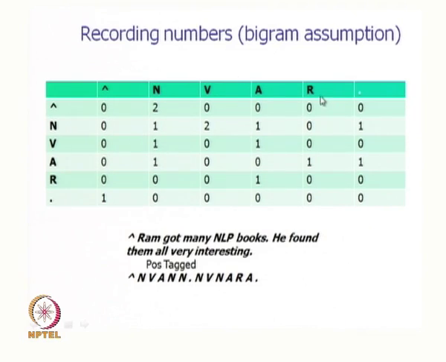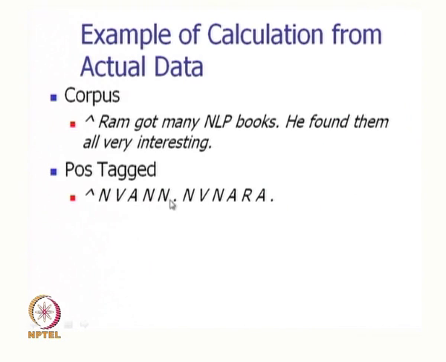Similarly, when we go to the column for R, we make this count. R is preceded by adjective in one case, and then when we go to the dot symbol, dot is preceded by noun once and dot is preceded by adjective once. Is it true? We see it is true because we have two dots here in the corpus.